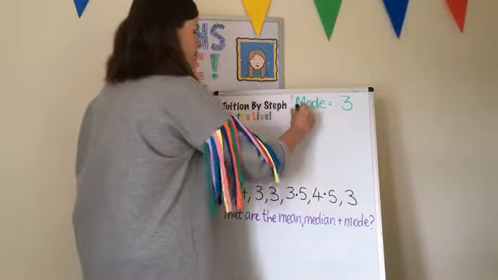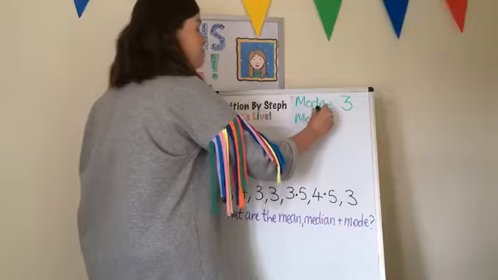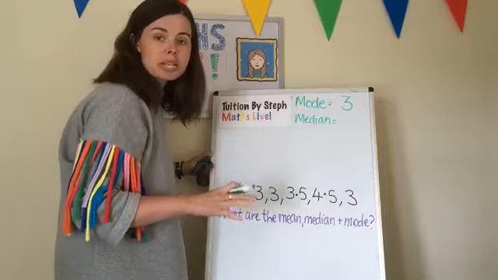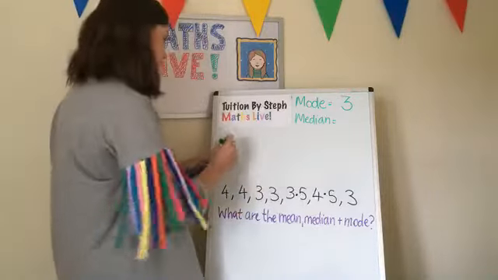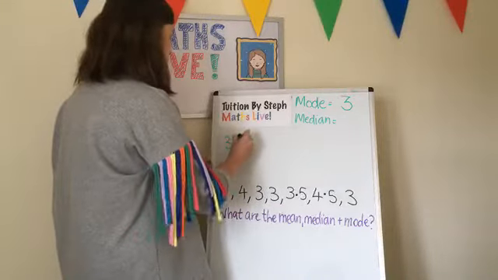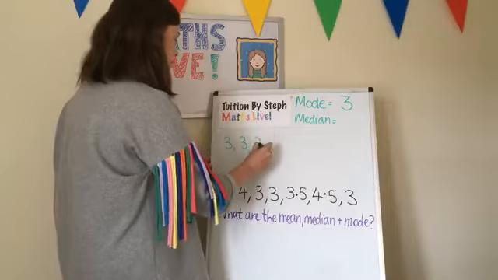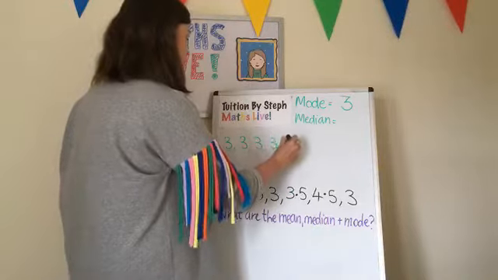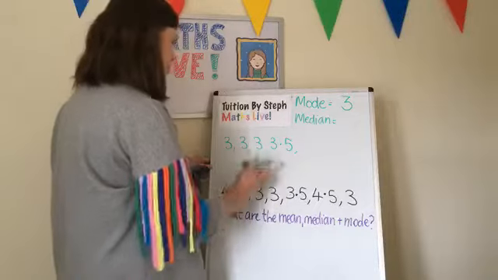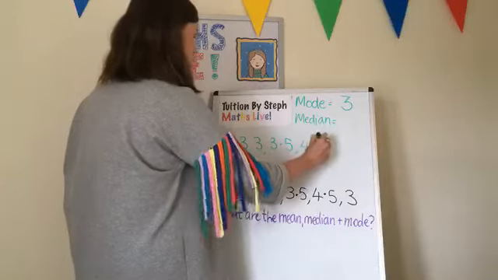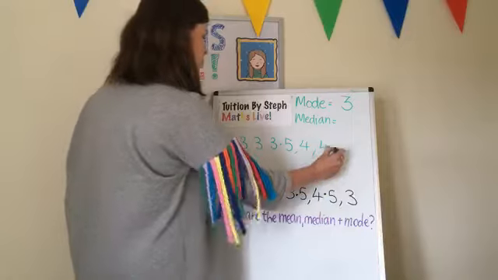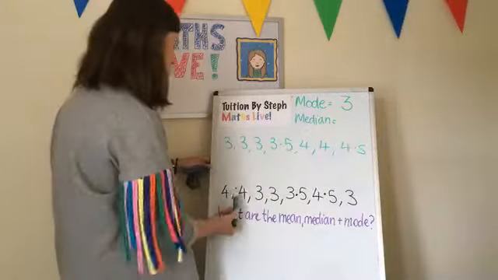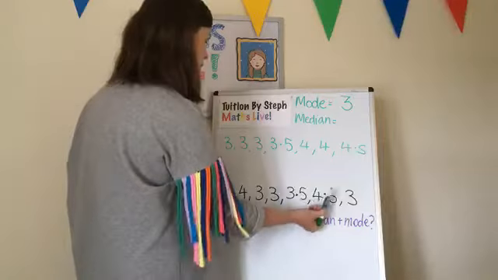The median is the middle number. To find the median, we have to put the numbers in order from smallest to biggest. So we've got 3, 3, 3, then 3.5, then 4, 4, and then 4.5. I always check that I've written the numbers right: 1, 2, 3, 4, 5, 6, 7 numbers.